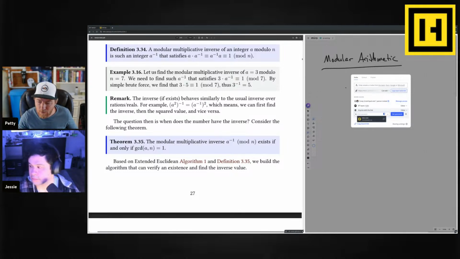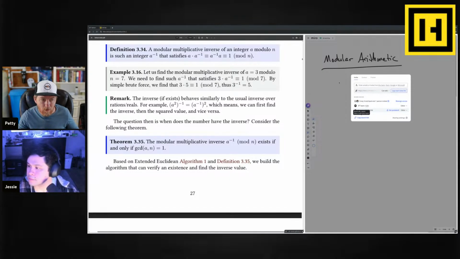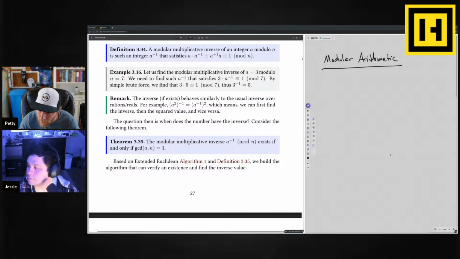Get rid of this so I don't leak it later. I'll set a password later. Just let me know where you put the link. It's in Discord.